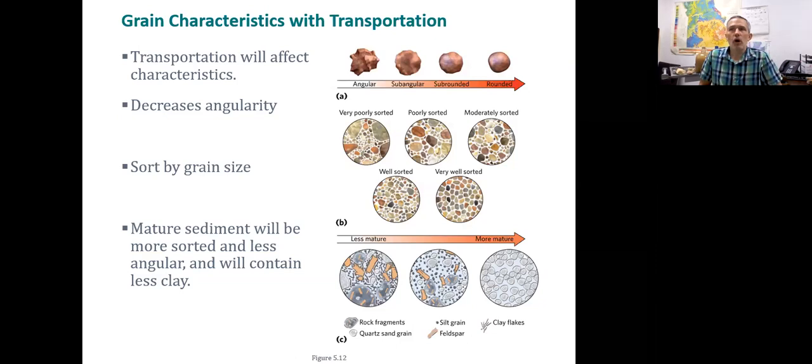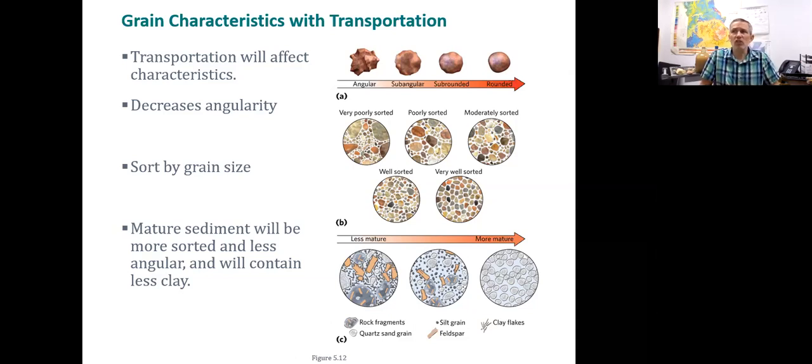As I mentioned, we can use the idea that transportation, moving these materials, tends to cause some abrasion or rounding of different grains. The further that they've moved, the more rounded these samples will become. And so we can actually see what the conditions were, the fluid that transported this material, whether it be air or water, and how long it's been rounded.